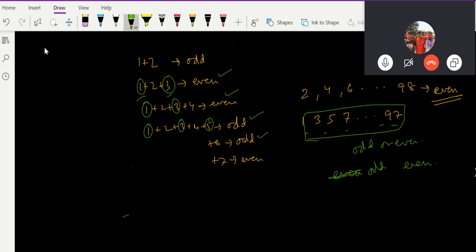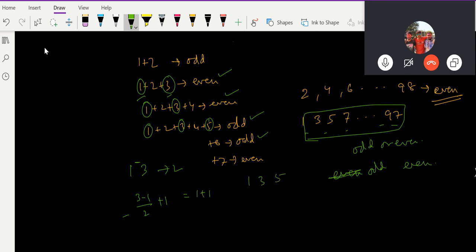How many odd numbers are there in 1 and 3? 2. How do I find 2? This is 1 plus 3 by 2, by the common difference, plus 1.